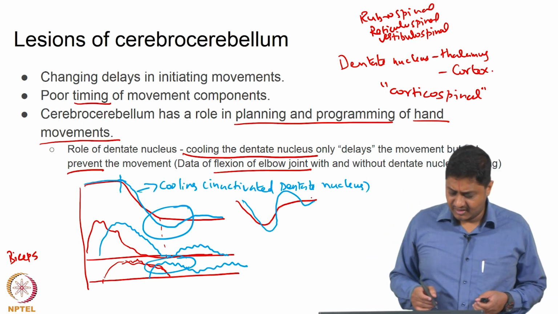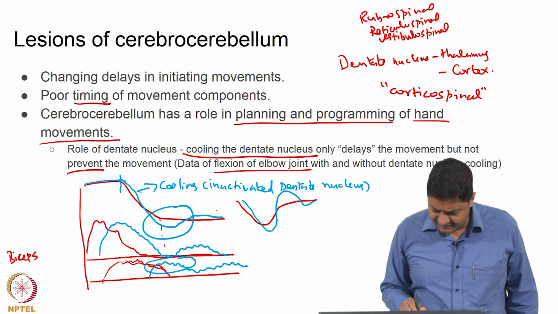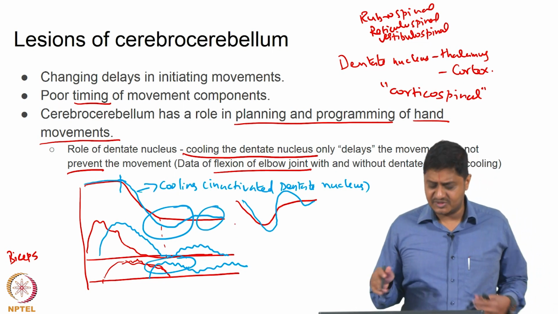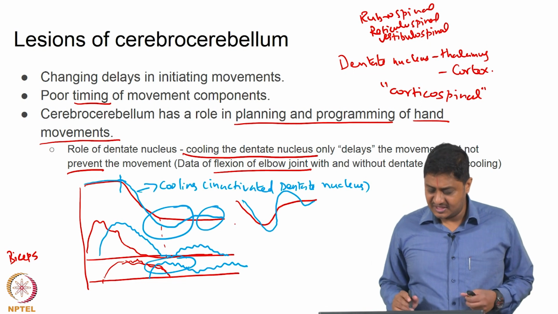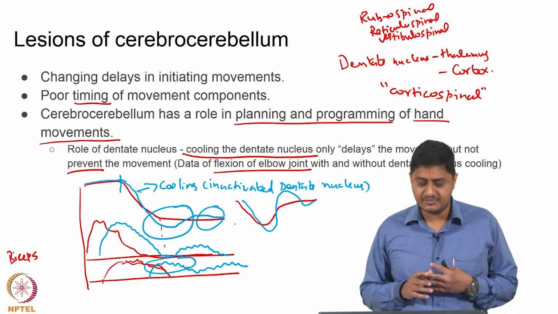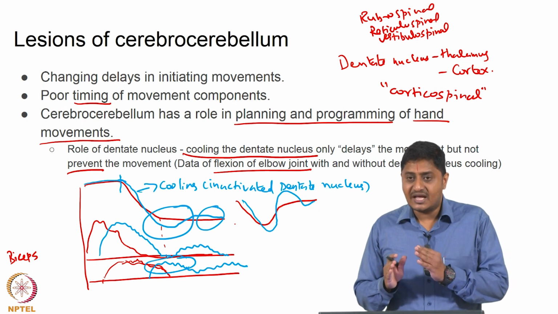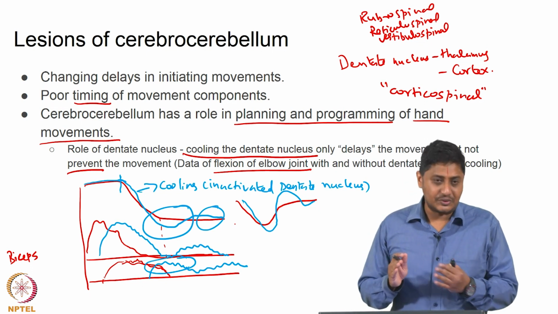That is obviously visible here, but that is also visible in the velocity profile, that is also visible in the EMG profile, etc. Okay. So, this means that the dentate nucleus plays a crucial role in how multiple muscle activities are timed with respect to each other.